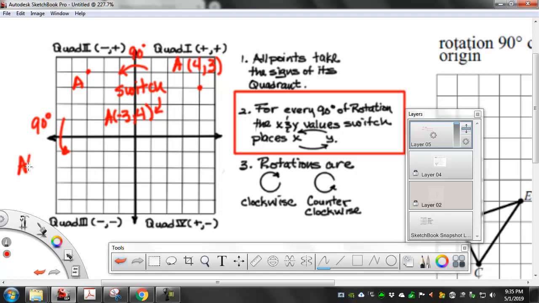And you see we're in quadrant number 3, so both of those will be negative. Now we'll go ahead and graph that, negative 4 and down 3, so that's our new point A.